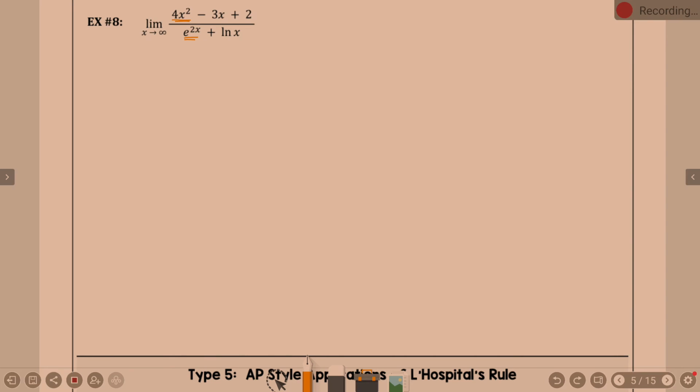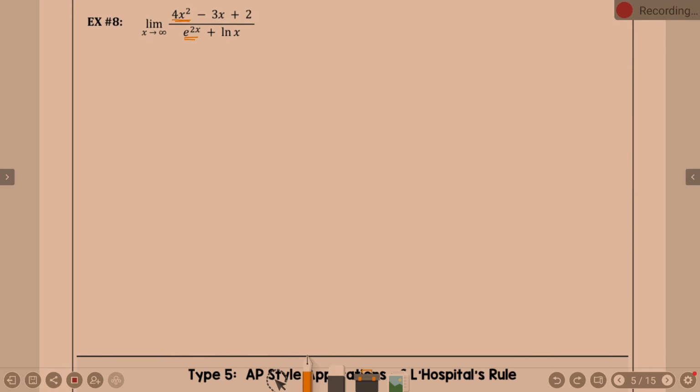So right here, e to the 2x. If we were to graph these, and you could graph 4x squared and e to the 2x, e to the 2x is going up steeper. Okay? So it is basically equivalent to having a higher power than x squared.